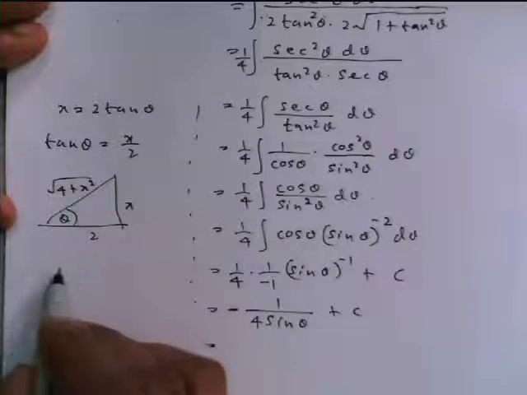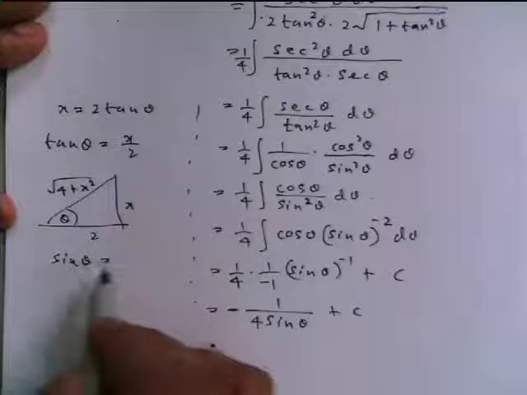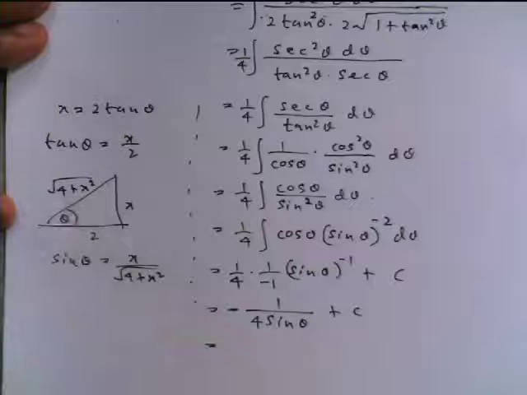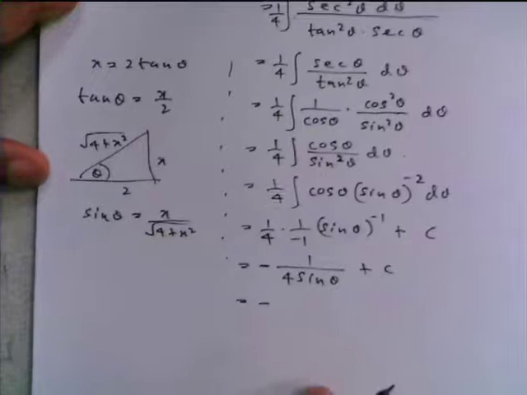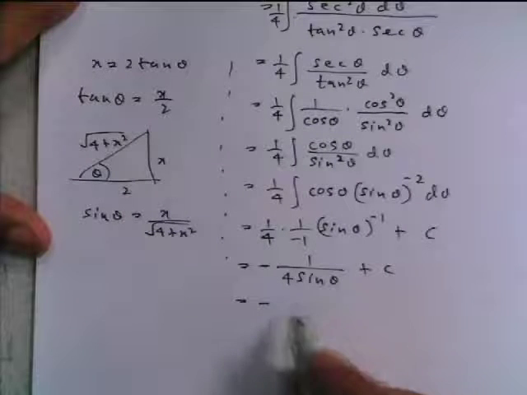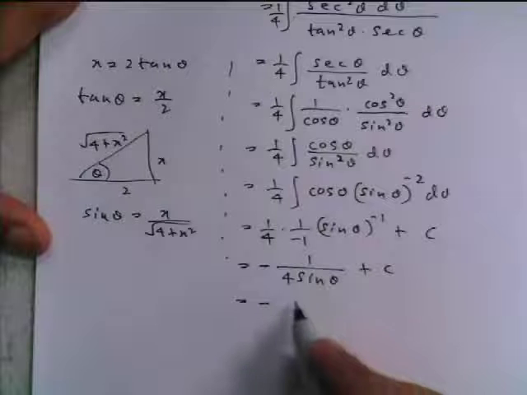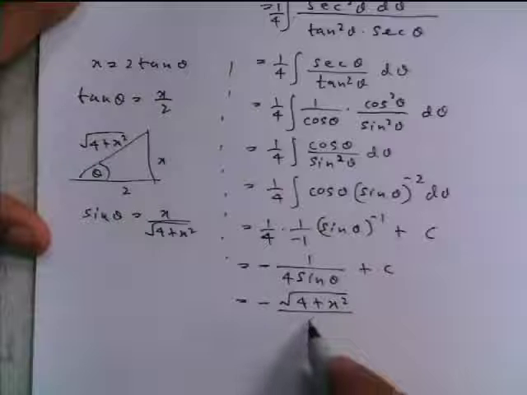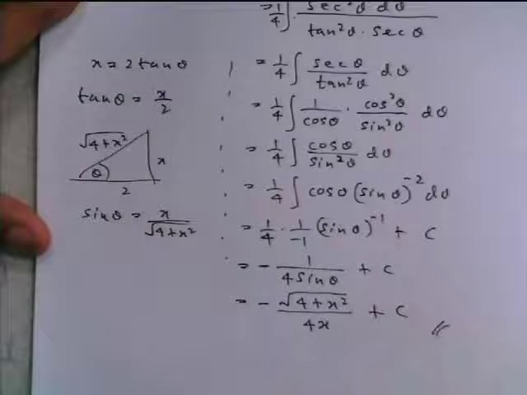What is sin theta? x over the square root of 4 plus x squared, but you need 1 over it, so you write it upside down. So the answer is negative the square root of 4 plus x squared divided by 4x, plus C. You have to write it upside down because it's 1 over. Okay, so that's the answer.